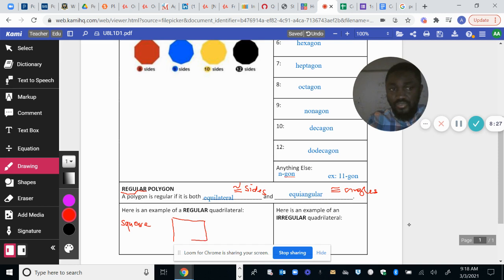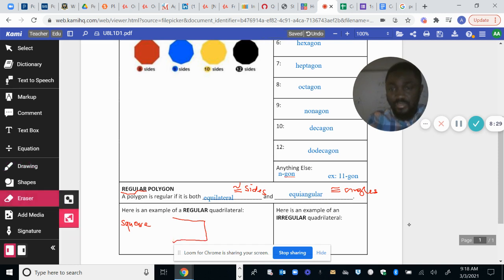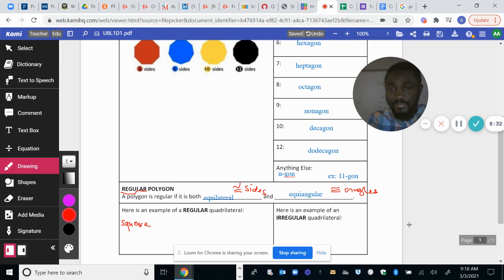As you can see the picture of a square, in a square all sides are the same, and each angle here is 90.